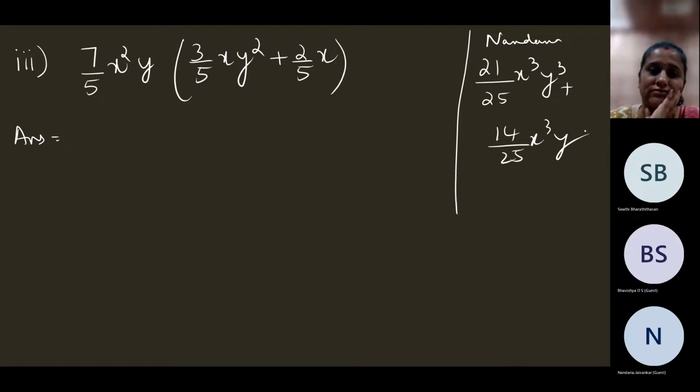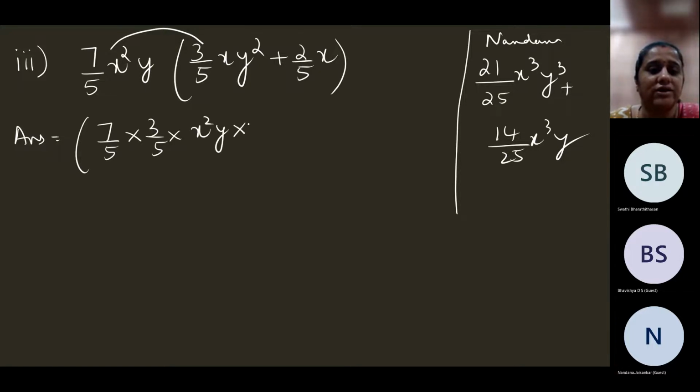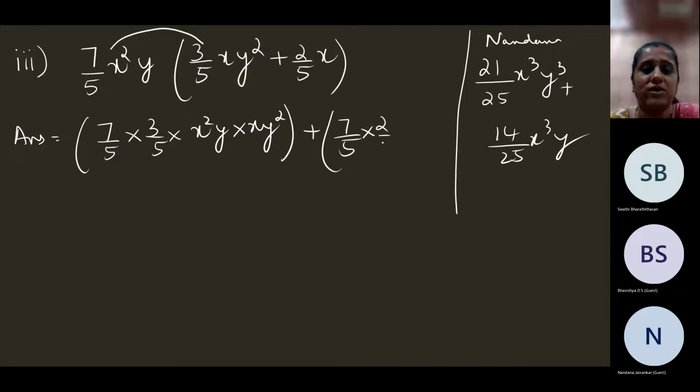Yes, ma'am. So when we multiply these two, if you want to show the step, 7 by 5 into 3 by 5 into x square y into xy square plus again 7 by 5 into 2 by 5 into x square y into x.